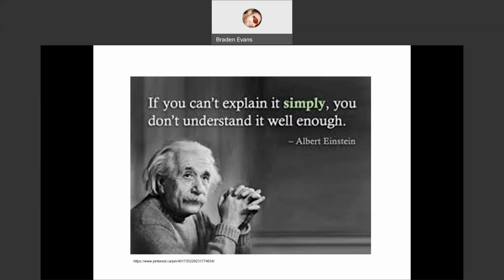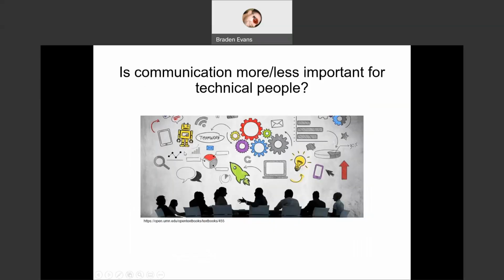So if I want to communicate my story to an audience of non-entomologists, people who are not insect scientists, then I have to understand it really well so that I can use language and terms that anybody can understand. That's the gist of it: technical communication is actually more important for technical people than it is for the average person. I mean, communication in general.